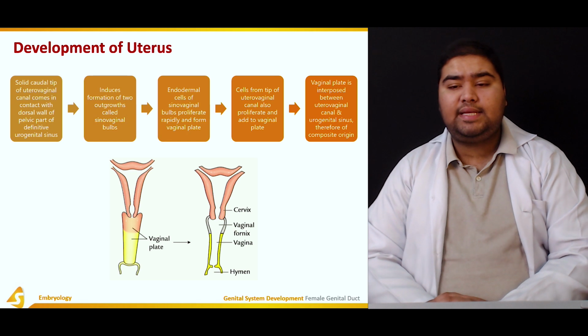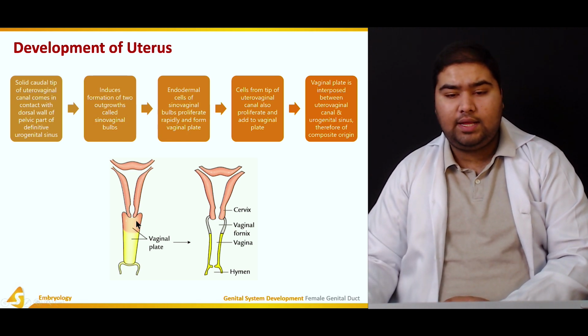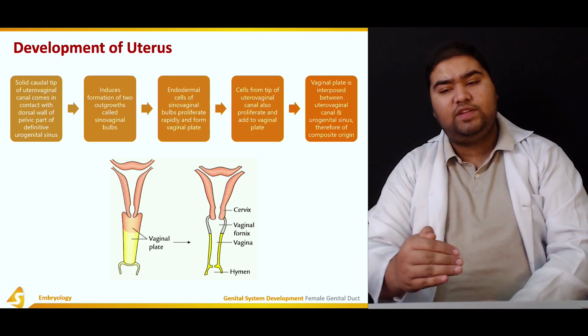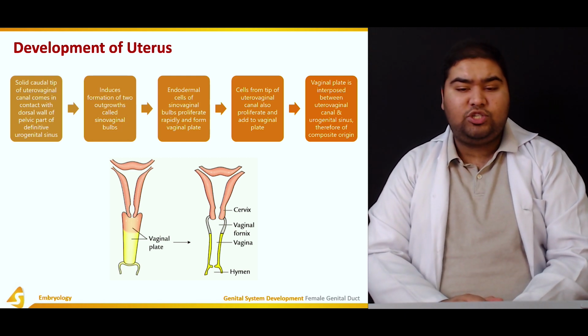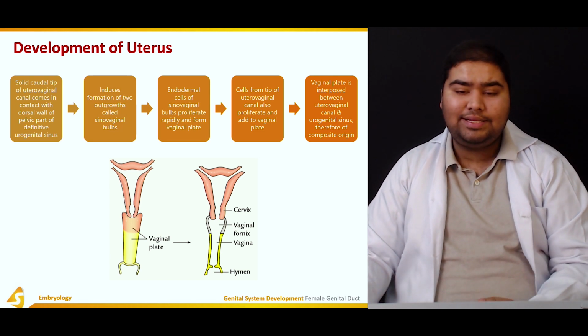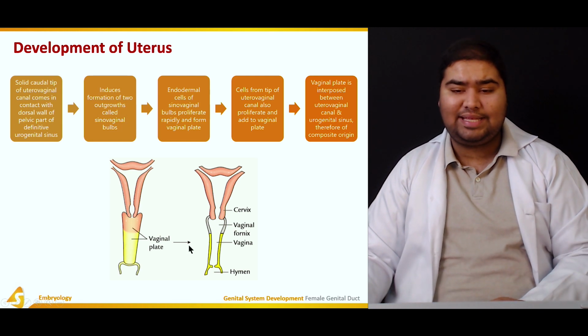Now the vaginal plate is interposed between the uterovaginal canal and the urogenital septum. It lies in between the uterovaginal canal and the urogenital sinus, and it is of composite origin, from cells from both these ends.